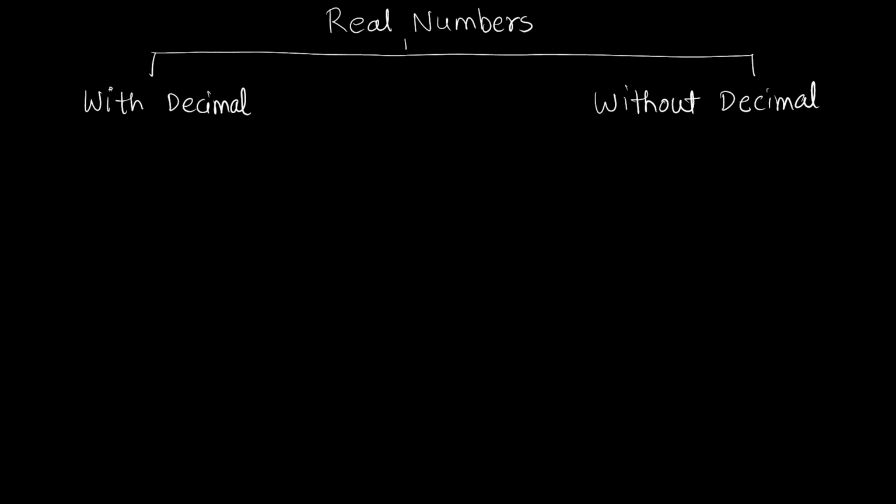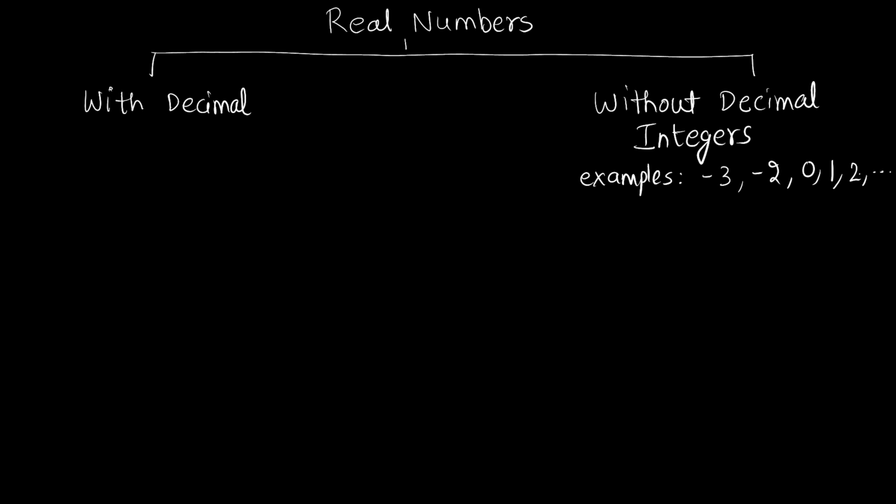Such numbers are called integers. The examples include -3, -2, 0, 1, 2, 3, and so on. These are all the integers.